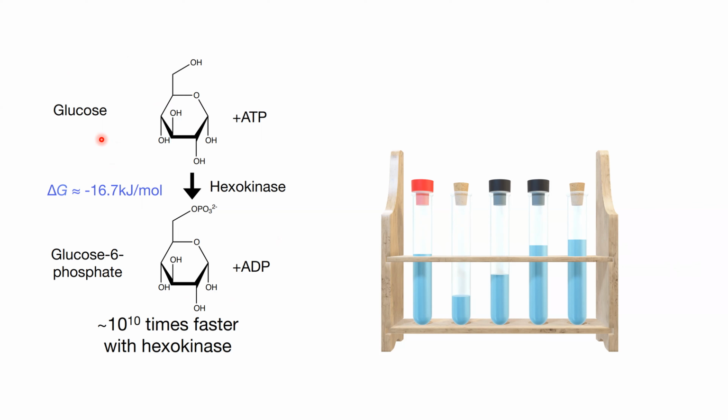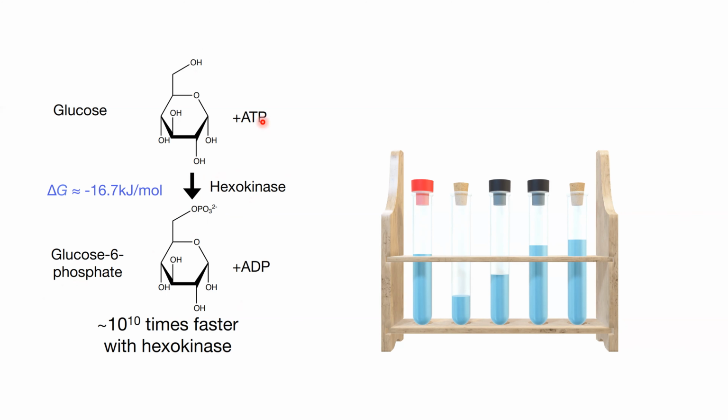So the very first step is this one: glucose with ATP, in the presence of hexokinase, which is an enzyme catalyzing this reaction, is converted into glucose 6-phosphate. So there is the replacement of the phosphate over that side, right?